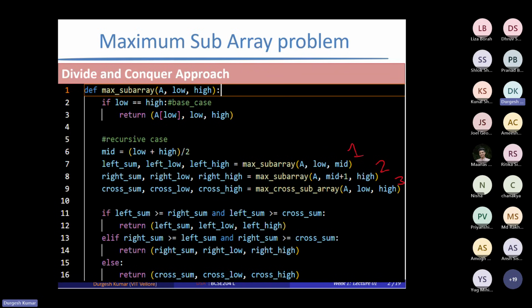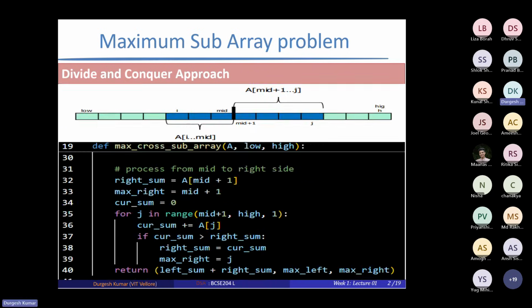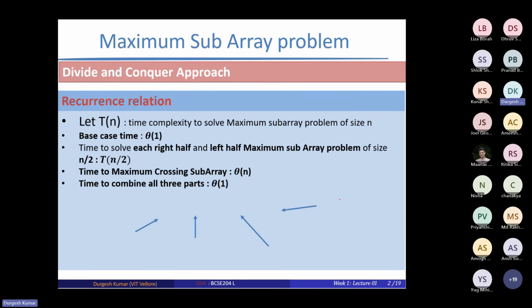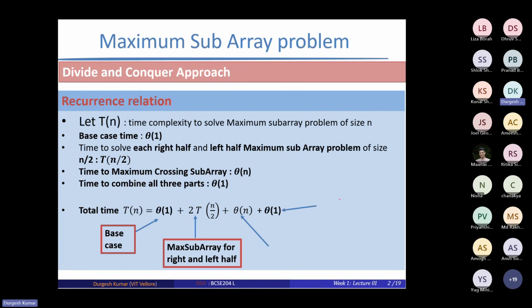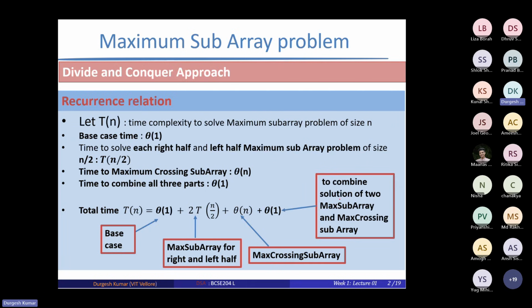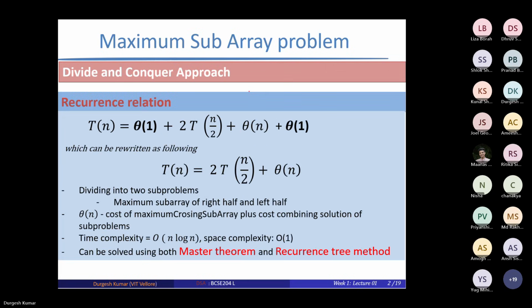Both of you are correct. So this recurrence relation will be this. This is for the base case. This is max sub array for right and left half. This is maximum crossing array. This is to combine the solution because you are just comparing. So this will be the recurrence relation. In total, we can write like this.